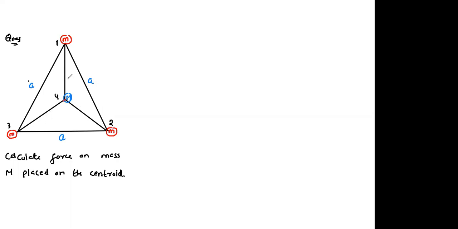So 3 forces will act over this 4. This is the first force, the force on mass 4 due to mass 1. This is the second force, mass 4 due to mass 2. That's the third force, mass 4 due to mass 3. So these are the 3 forces acting.